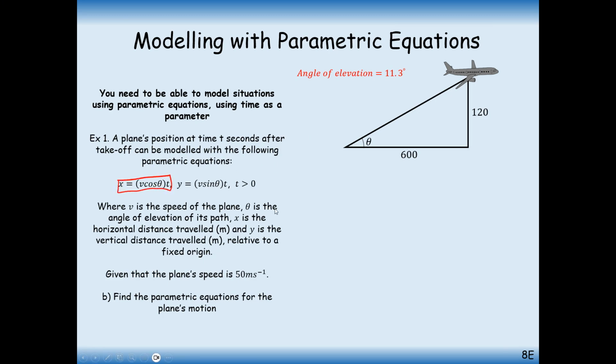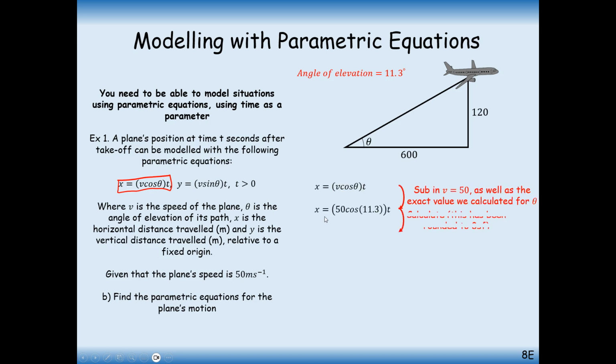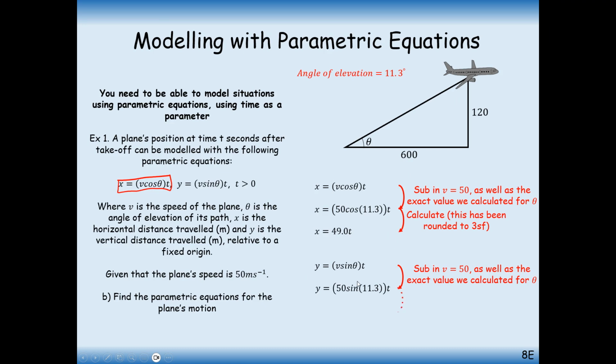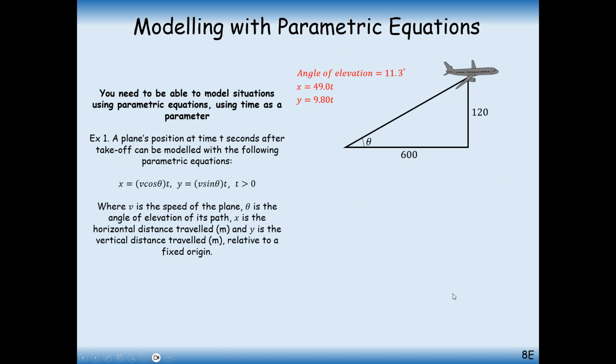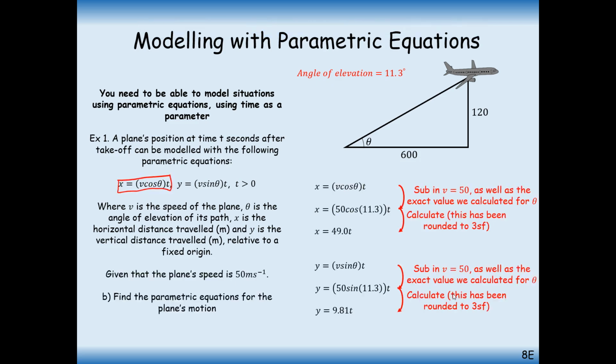We do some simple calculation, put these numbers in your calculator, and you end up with 49 to be exact, and the value for y will come out to be another exact value to 3 significant figures. You're going to take 9.81. Wow, that's a familiar number. So we have now calculated what x and y are in terms of t.